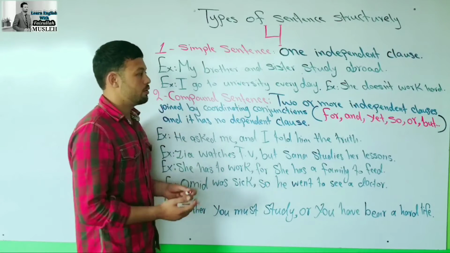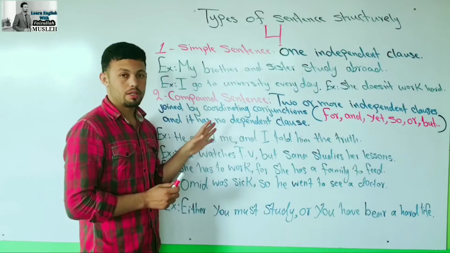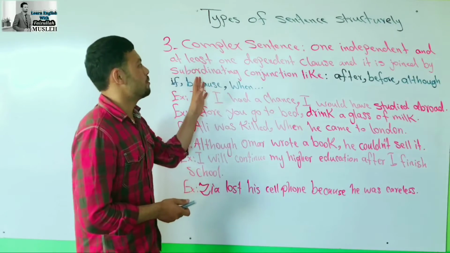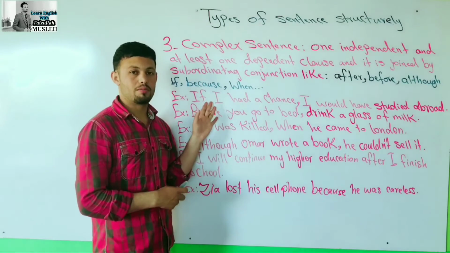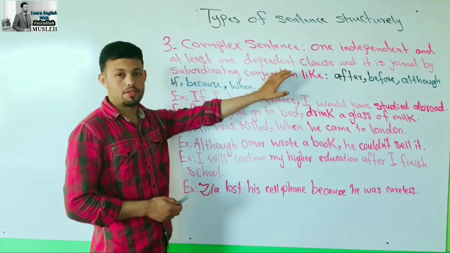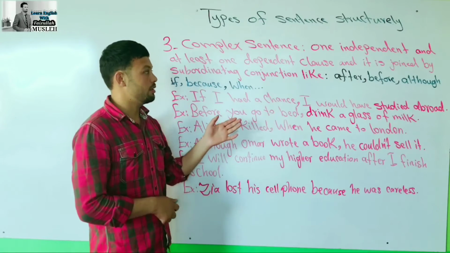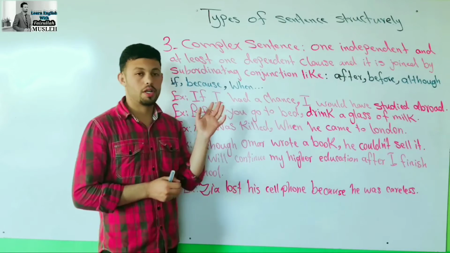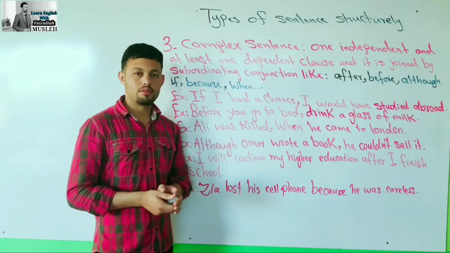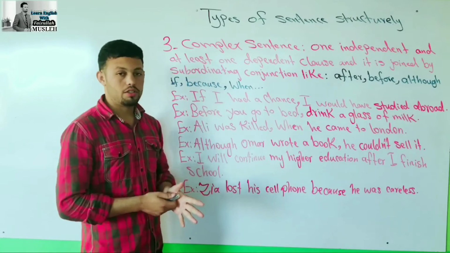Now we will talk about complex and compound complex sentence in the next board. Dear friends, because you should understand this completely, I wrote only complex sentence here with a lot of examples so that you understand it better. The definition for complex sentence is that it has one independent clause and at least one dependent clause.